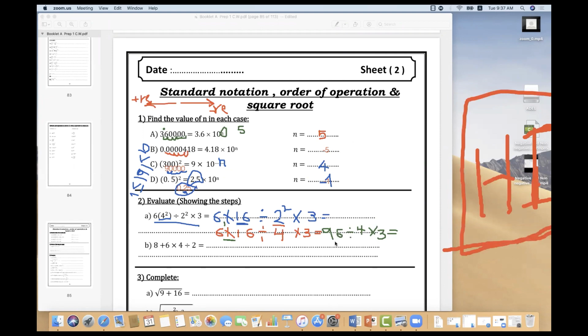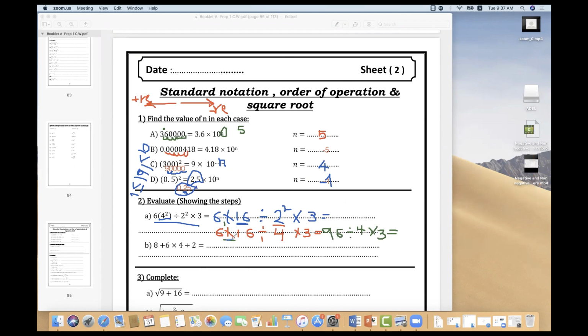I have to go one by one: the multiplication first, after that the division, after that the multiplication. This is the first, this one is the second, and this one is the third. Why? Because all of them are on the same level, but we go from left to right.